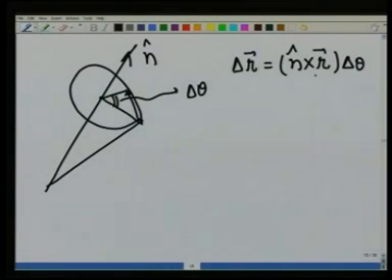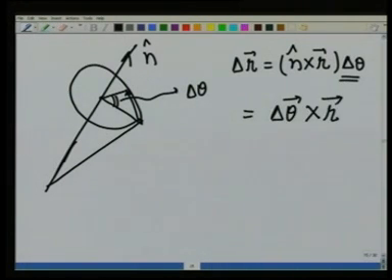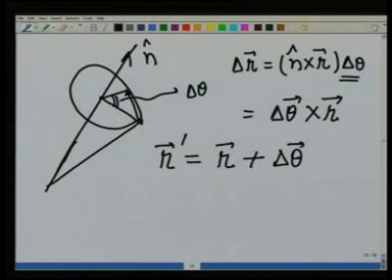And therefore, taking the direction of delta theta along the axis of rotation, I can write this as delta theta cross r, and therefore, the new r prime is really the original vector plus delta theta cross r.